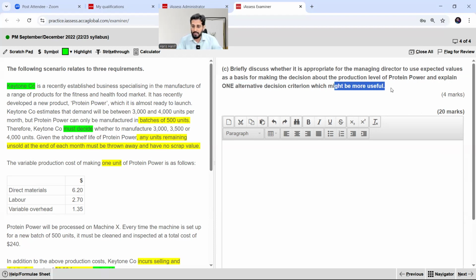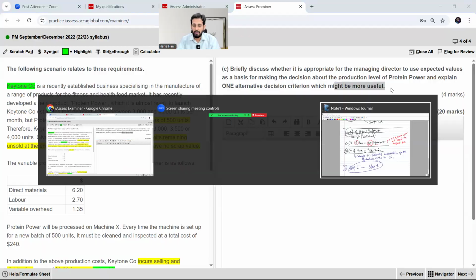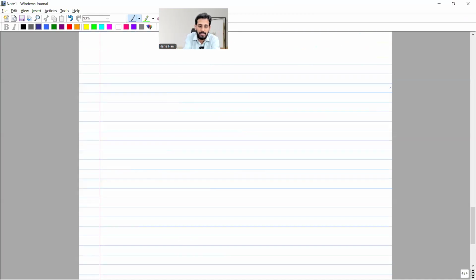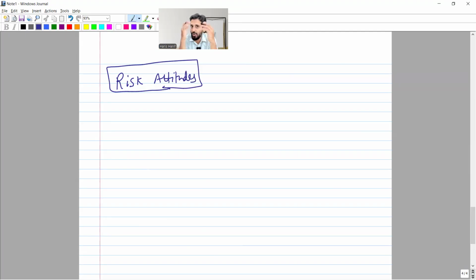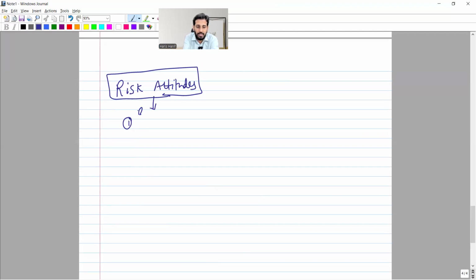So first of all, let me give you a very quick recap. You know that there are 3 different risk attitudes. Attitude towards risk; attitude means the mindset. Number 1, there is the risk seeker, and its decision making criterion is maximax.